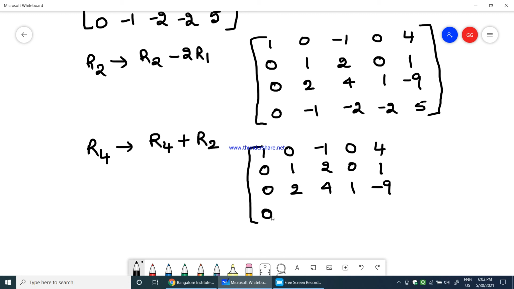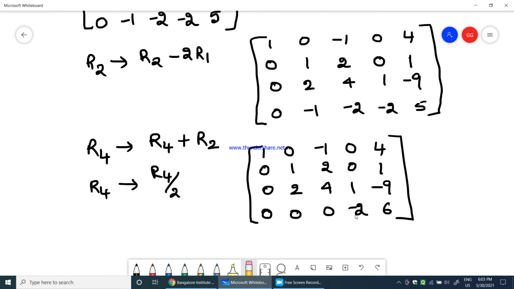So it is 0, minus 1 plus 1 is 0, minus 2 plus 2 is 0, minus 2 plus 0 is minus 2, 5 plus 1 is 6. Now I'll take R4 equal to R4 by 2. If I do that, this becomes minus 1, this becomes minus 1, and this becomes 3.